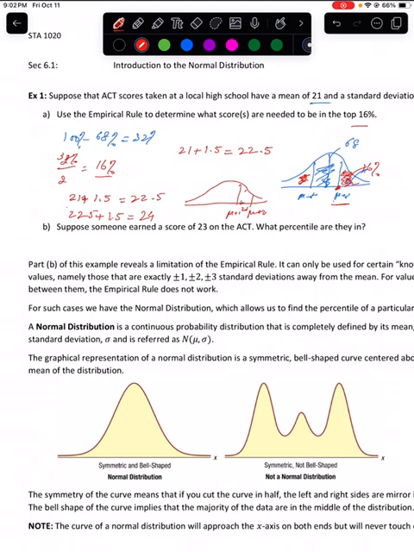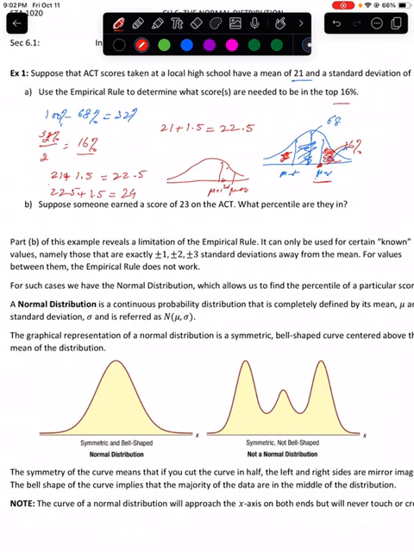This is basically the limitation of the empirical rule: we can use it only for values which are plus or minus 1, plus or minus 2, or plus or minus 3 standard deviations away from the mean.